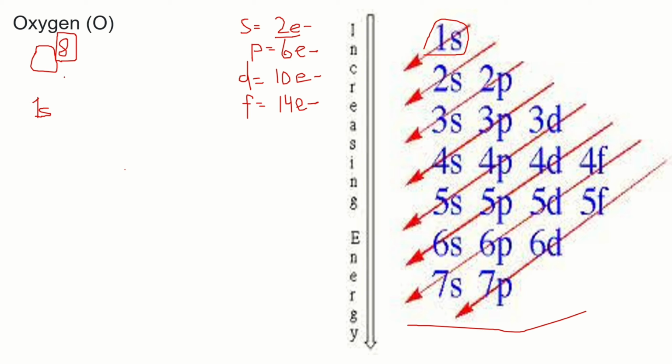Okay, so let's write here 1s2. Next, 2s. So let's write 2s. Again, the S sublevel can hold up to 2 electrons.